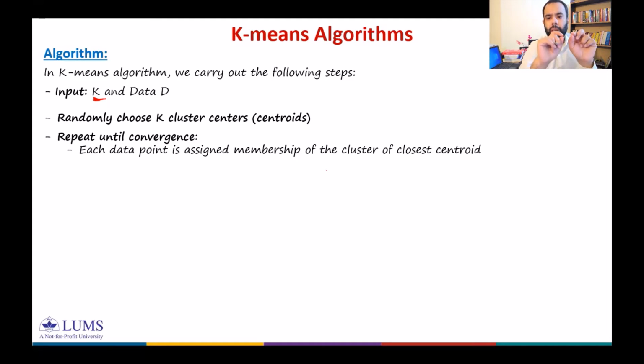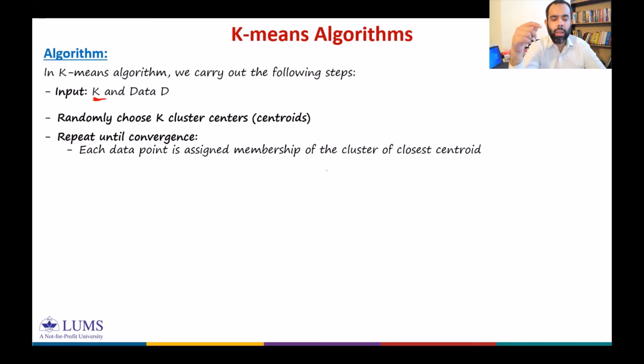Now we need to assign membership of each data point to a cluster, so we need to define this association between data point and cluster. For each data point, we assign the membership of the closest centroid.